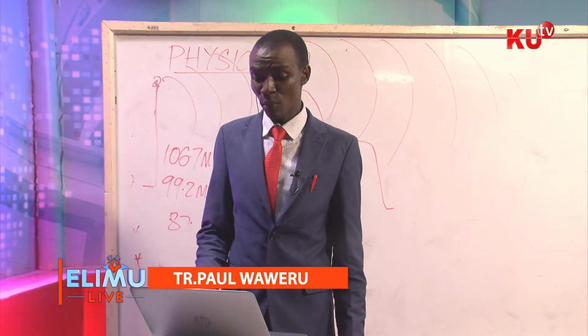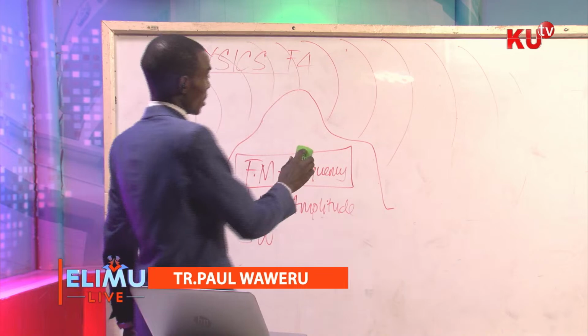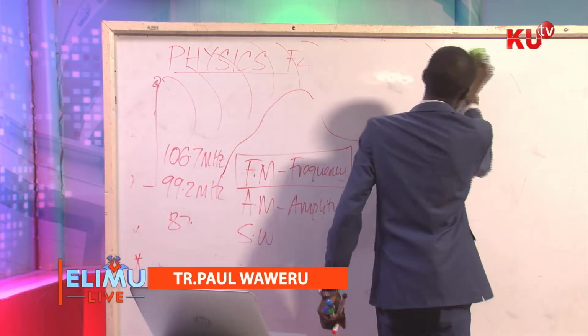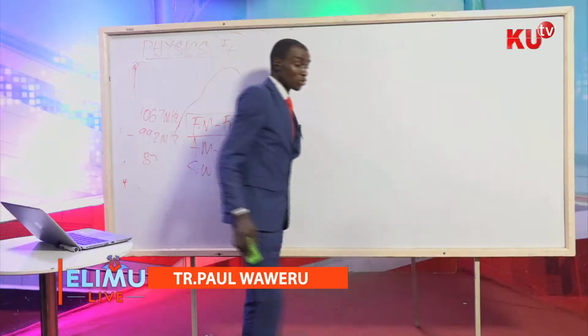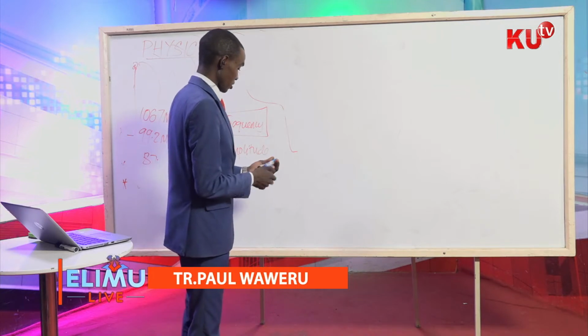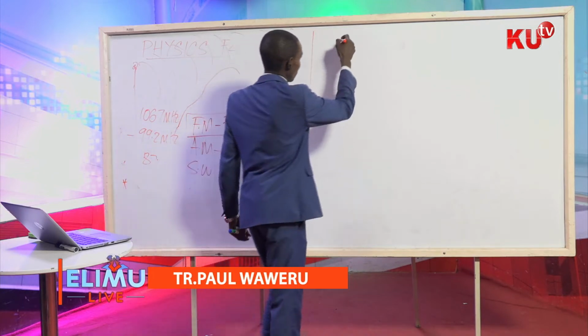But then there's one more thing that we need to learn about this whole topic as we slowly bring it to conclusion. We want to discuss something very important, and it's called the greenhouse effect.